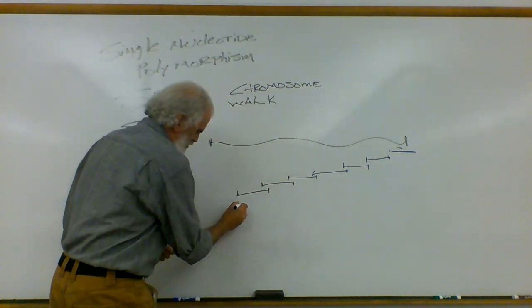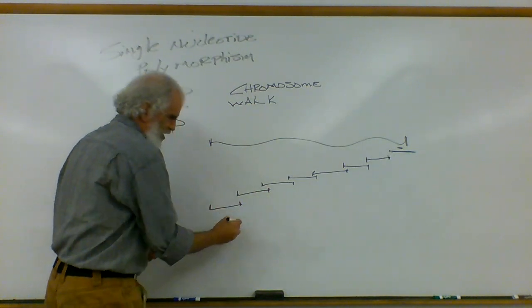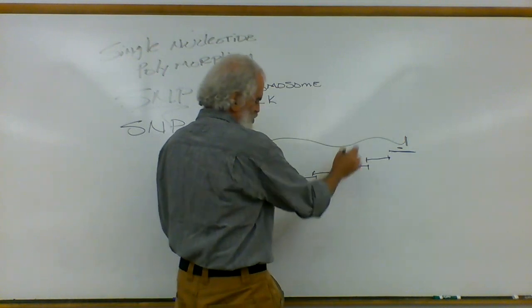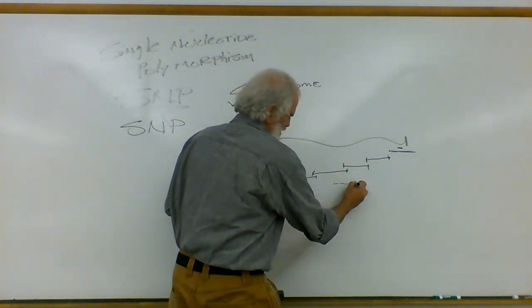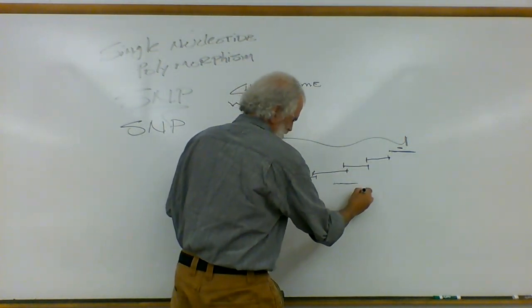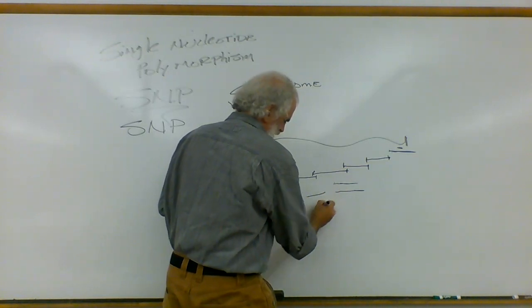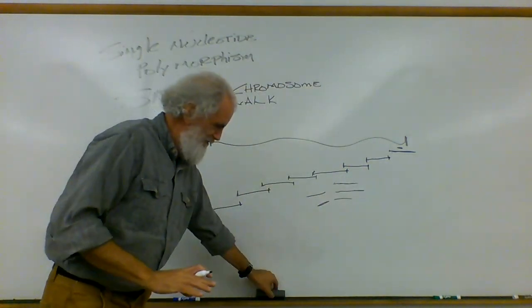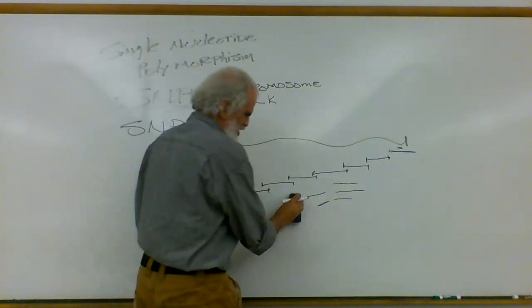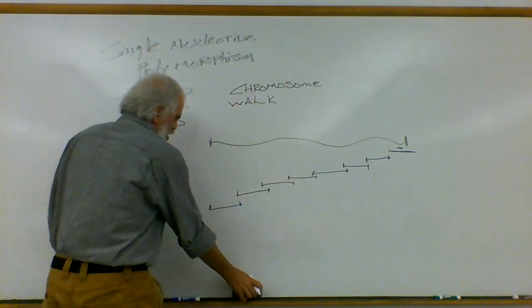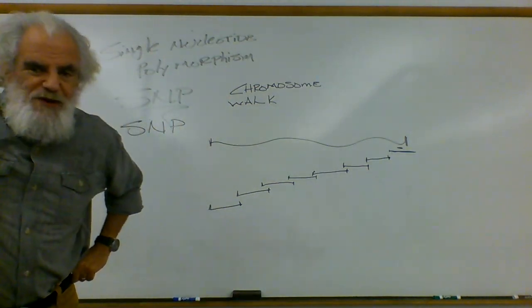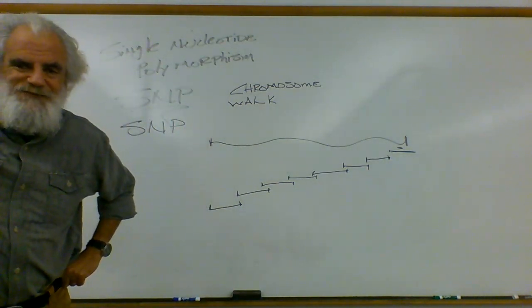That would be the end result of all of your hard work. What you're going to end up doing, you have to recognize, is that at each one of these spots, you're going to have genomic clones that do this and all kinds of different things. And you've got to figure out which one is the best clone that is extending your walk in the correct direction. And it's another PhD project back in the 80s.